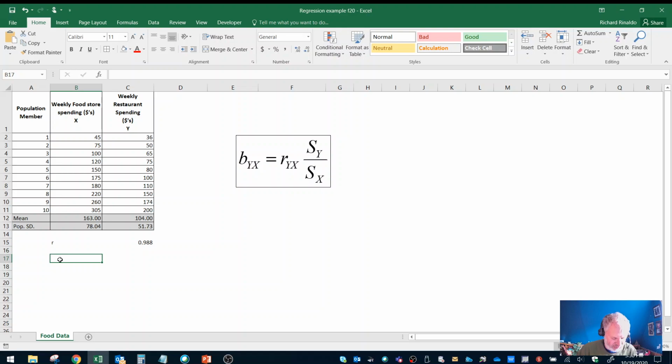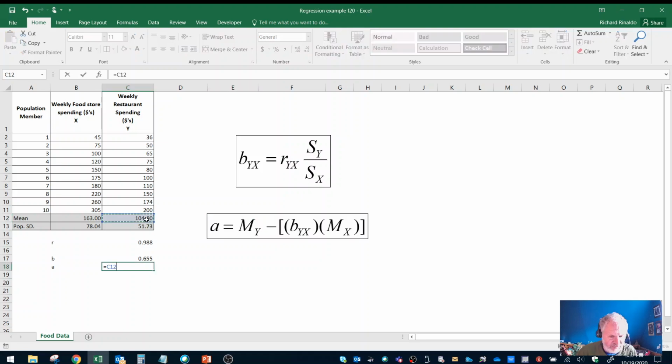It's equal to the correlation coefficient multiplied by the standard deviation of y divided by the standard deviation of x. So there's my slope function. And I need my a. And it is equal to the mean of y minus the slope function multiplied by the mean of x.